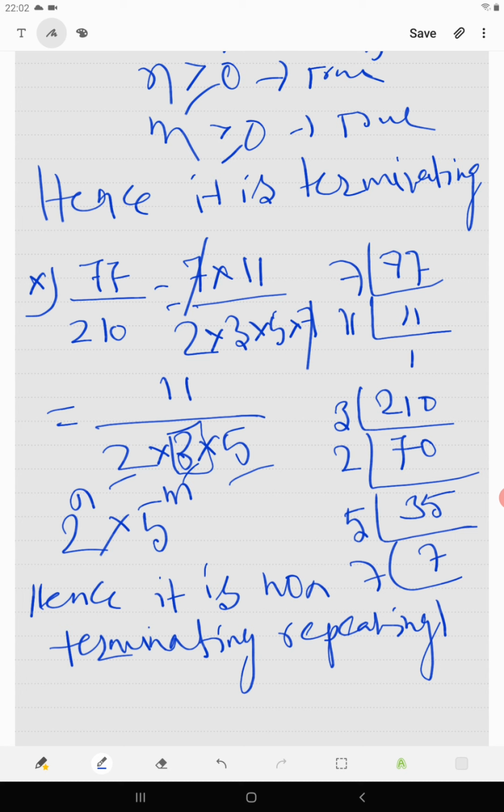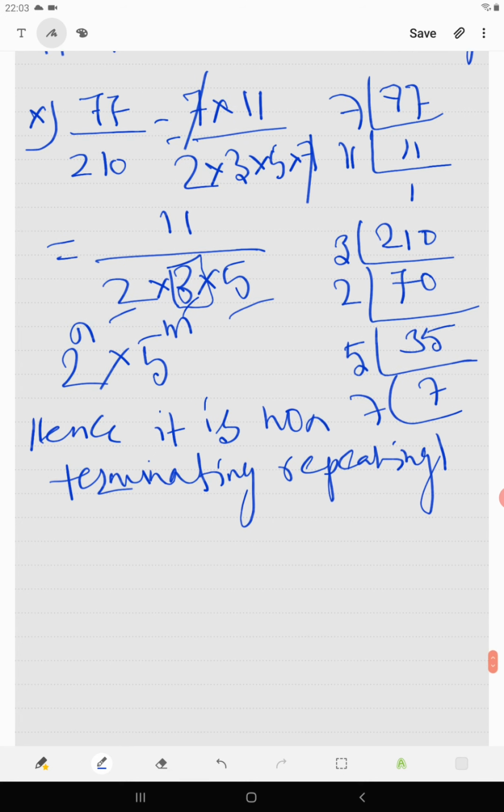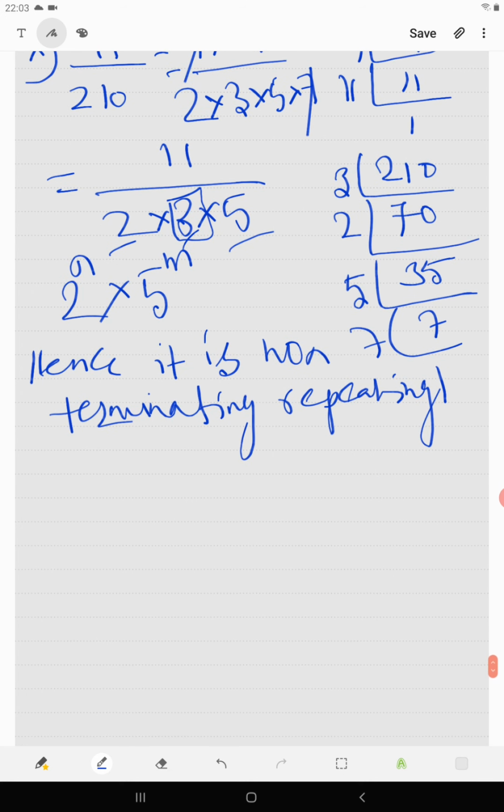So the next second question is, write down the decimal expansion of those rational numbers in question 1 above which have terminating decimal expansion. So we have to derive it for the decimal expansions which are terminating. You can check from question 1 to 10.